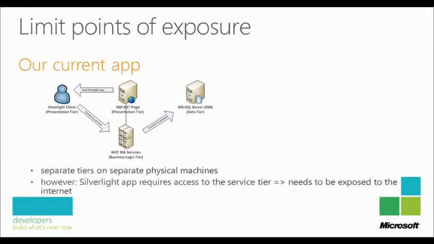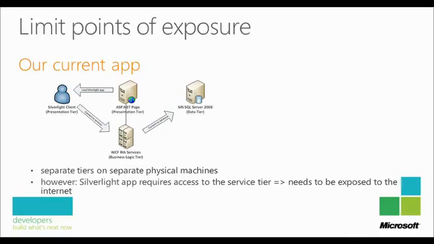So this is what our current application does. It's already a bit better, we've got separate tiers on separate web servers, let's say. We're living in a world where everything gets virtualized, so I shouldn't say physical machines, but on separate web servers. So it's already a bit better. Our Silverlight app is hosted on a web host, but the web host isn't connected to the database anymore.